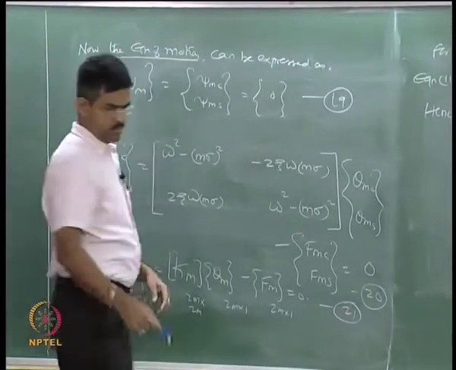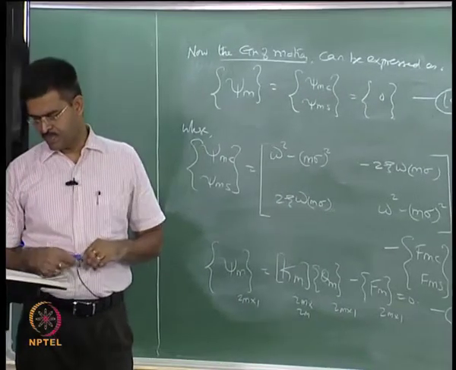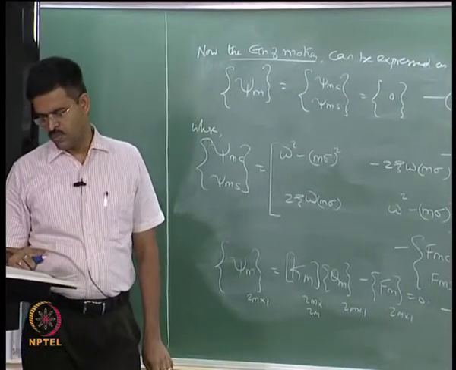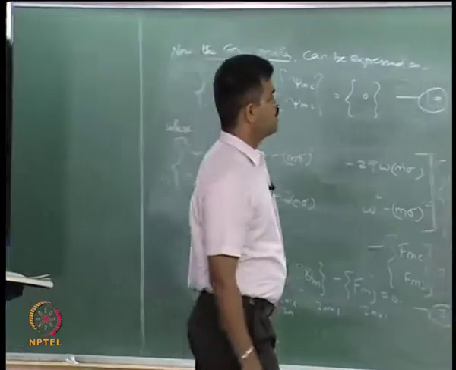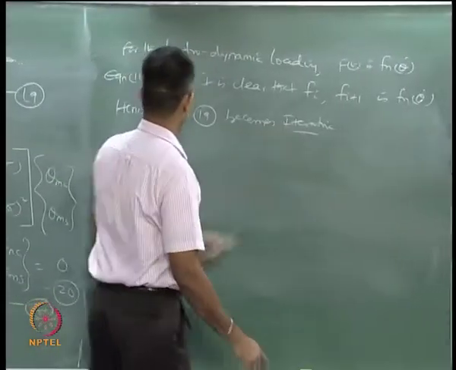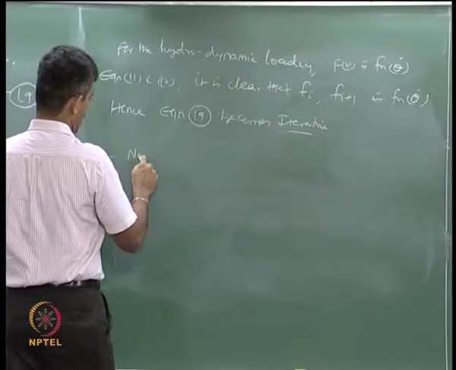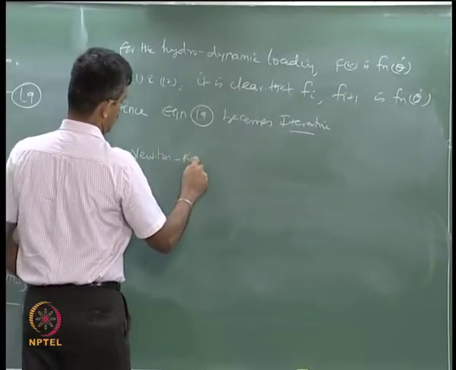Equation 19 is the modified version of the equation of motion in the frequency domain. Now, how will you solve an equation which is iterative in nature in the frequency domain? One can use the classical Newton-Raphson technique.